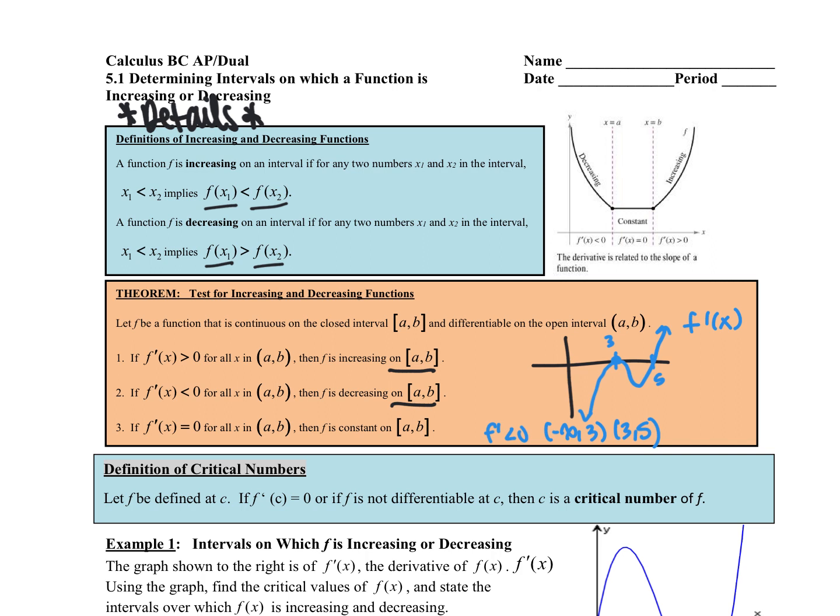So if f prime is less than 0 on negative infinity to 3, then that means that f is decreasing on negative infinity to 3 included. And if f prime is less than 0 on 3 to 5, that means f is decreasing on 3 to 5 included.